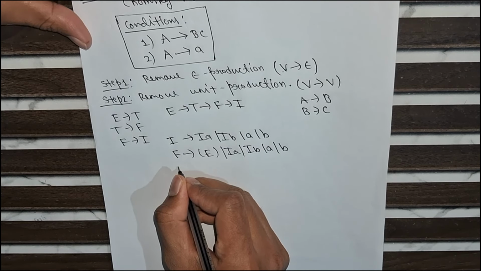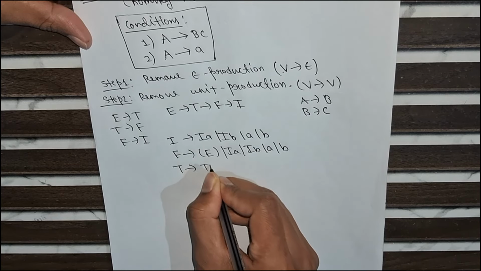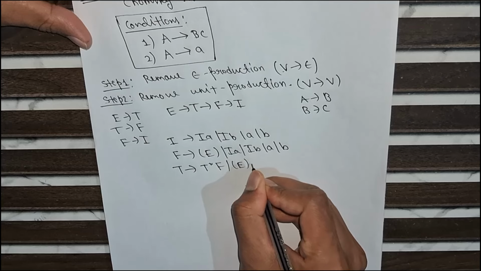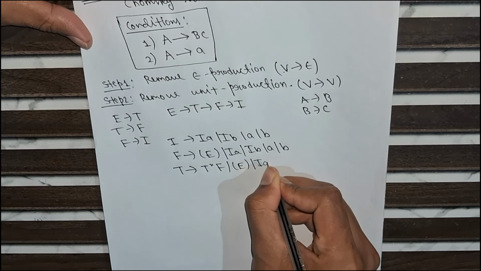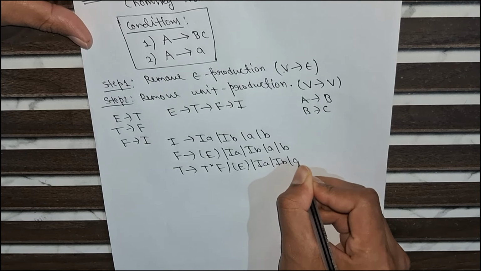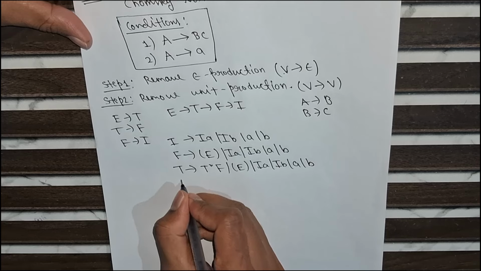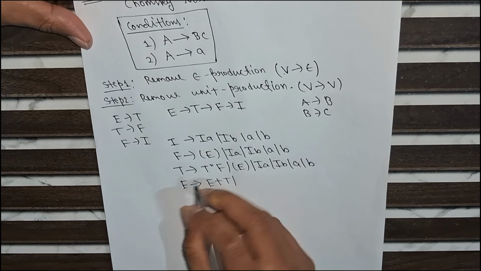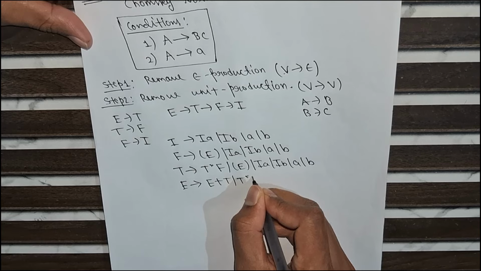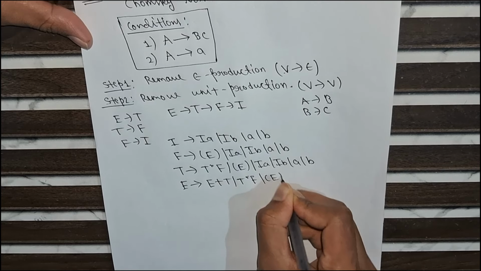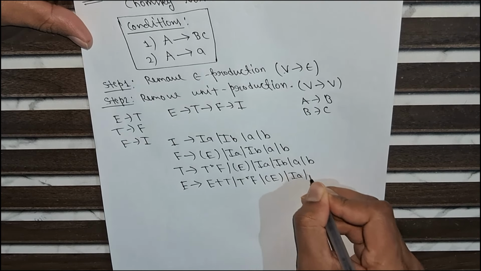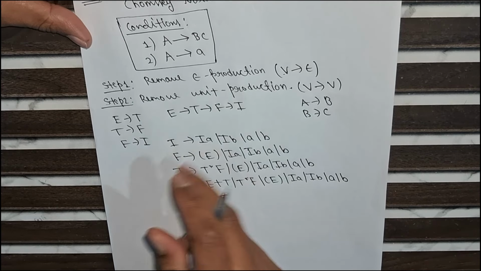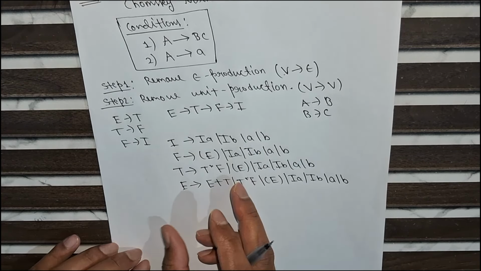Then T implies T star F and the whole value of F: E, IA, IB, A and B. Now in E we will write E plus T, with the whole value of T: T star F, E, IA, IB, A and B. Now you can rearrange it properly from the starting to end.